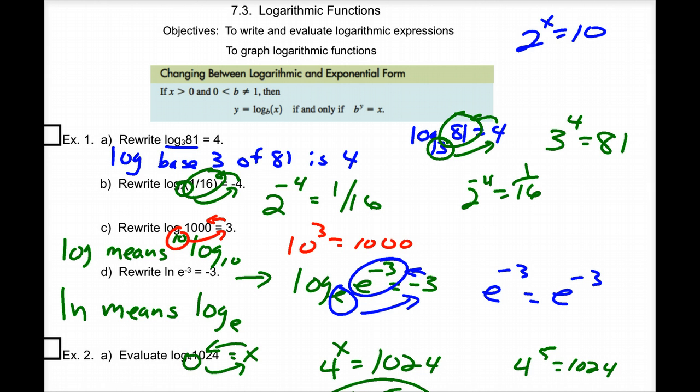You're going to be able to solve this by doing log base 2 of both sides. Because this will cancel, and the kicker is then how do you do log base 2 of 10? That's something we'll have to learn. Okay?